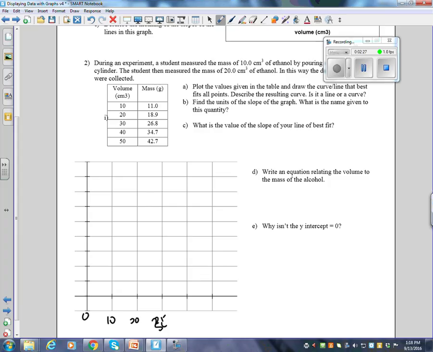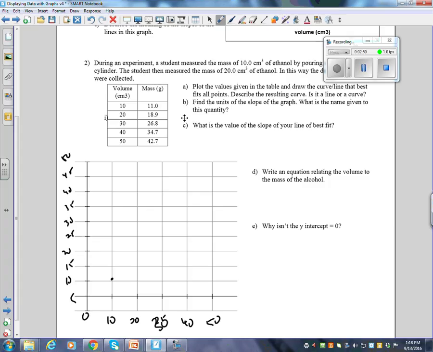So that should be 30, 40, 50, and here it's 5, 10, 15, 20, 25, 30, 35, 40, 45, 50. Okay, so 10 and 11 is like about there.